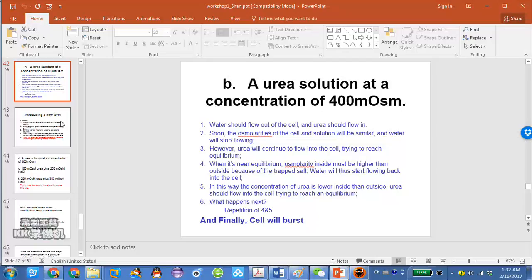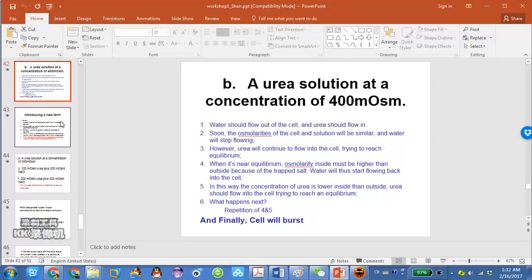Then the osmolarity of inside and outside will change completely, right? With the amount of salt trapped inside the cell and the urea diffused into the cell, the inside of the cell will always have a higher osmolarity compared to the outside of the cell at the end.